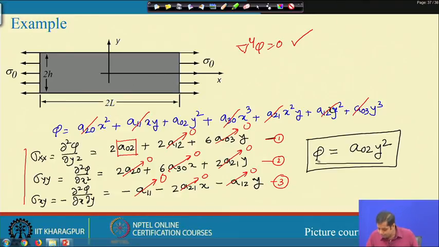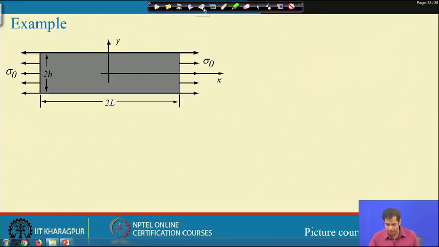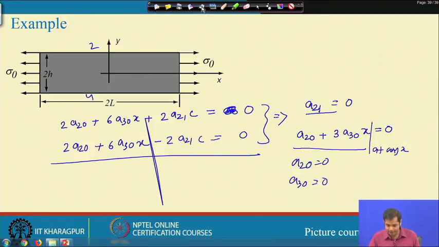So, now if phi is equal to this, then this phi satisfies the equilibrium, the compatibility condition, and it also satisfies the traction boundary condition that is given for this problem. Okay.